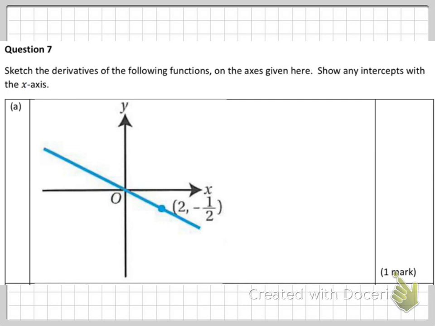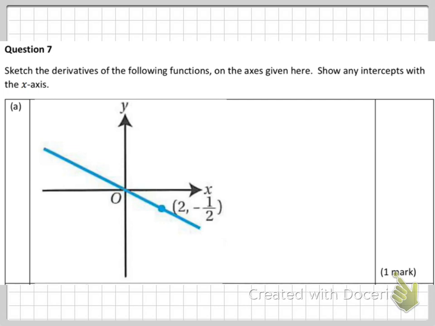Now if you were asked to describe the derivative or describe the gradient of that blue function, you'd probably say it's constant negative gradient, and you can actually work out that it is constant minus a quarter, because we know it passes through the origin and that point indicated there. So it's got gradient minus a quarter for all values of x.